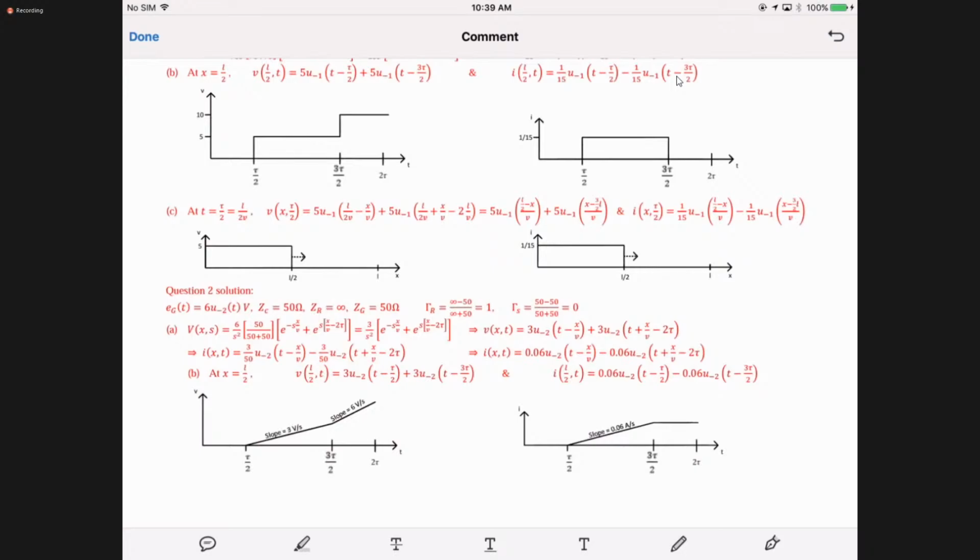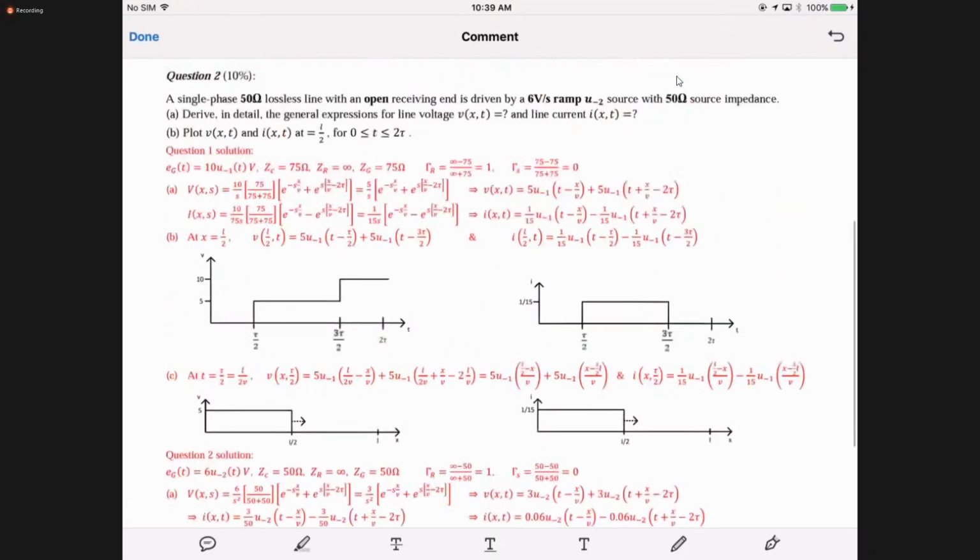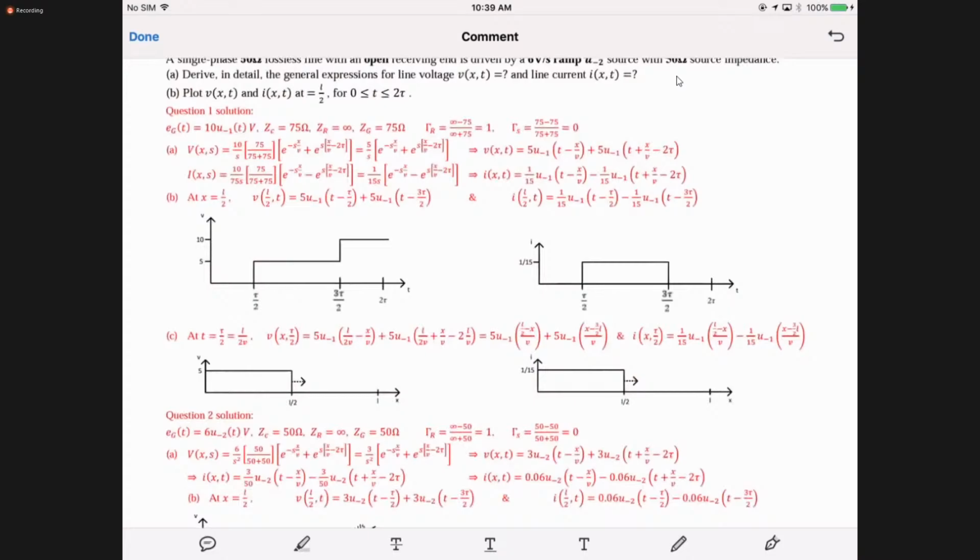Hi, Professor. Yes, sir. For question number 1, part C, for the plot, how come the plot dropped to 0 at L equals to 2? Because it takes time to propagate. Based on the equation, it looks like it's going to plus 5 again at L over 2, no?